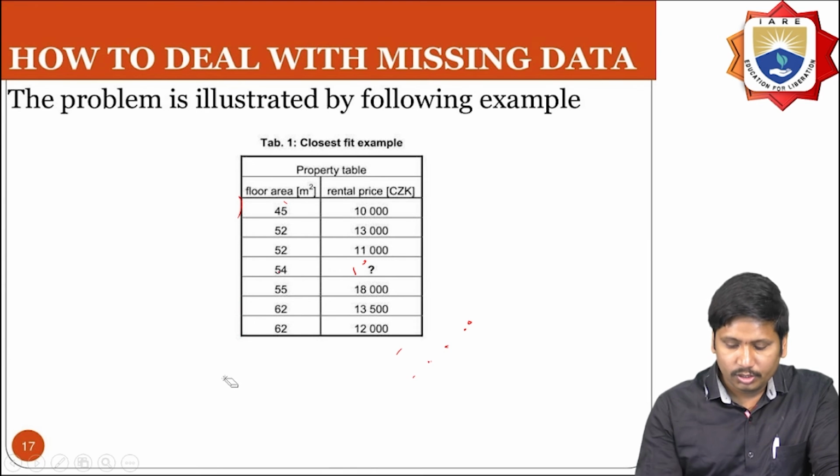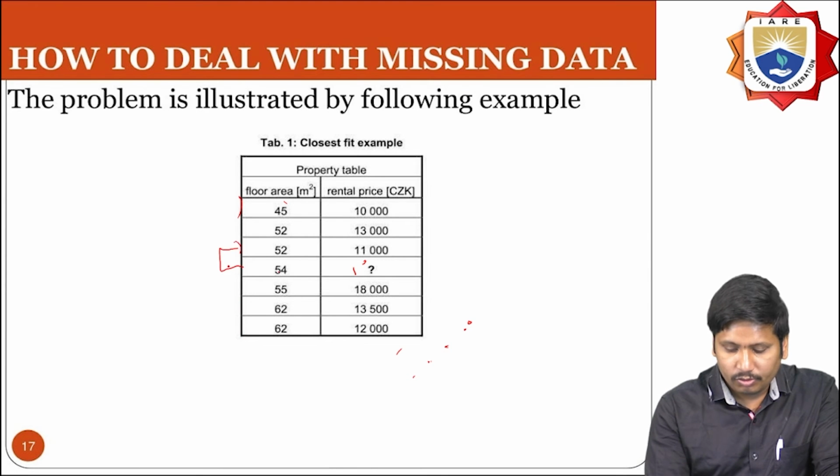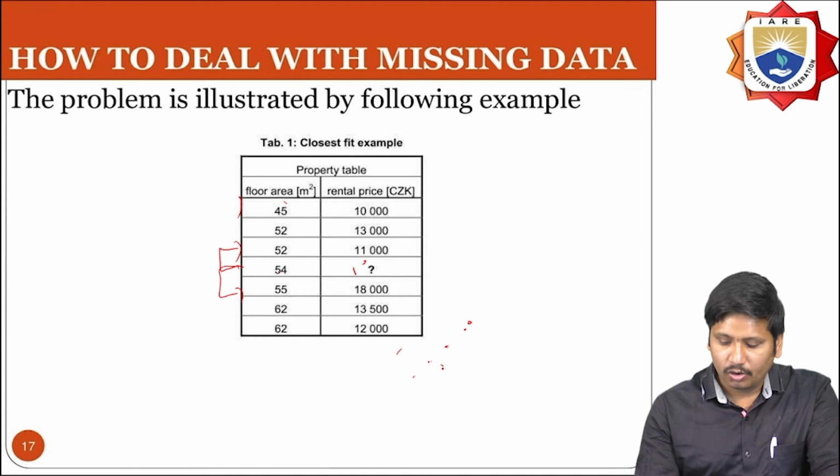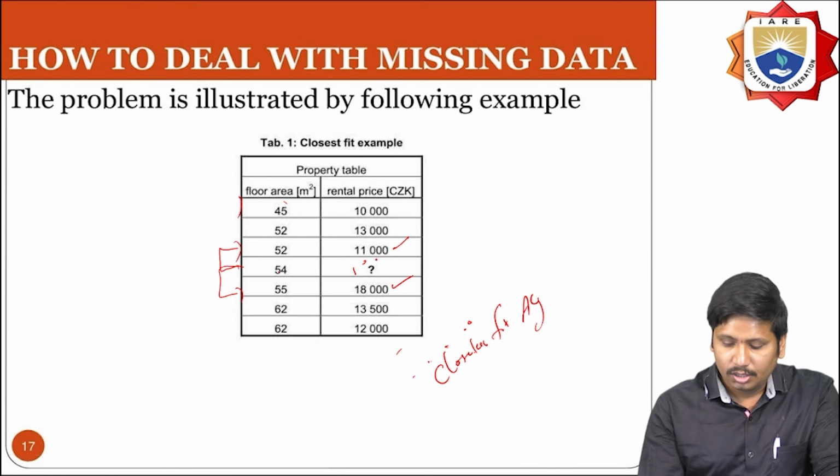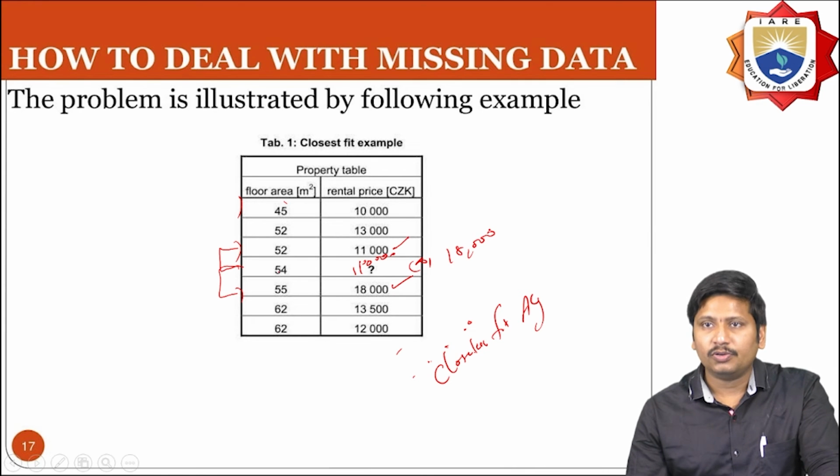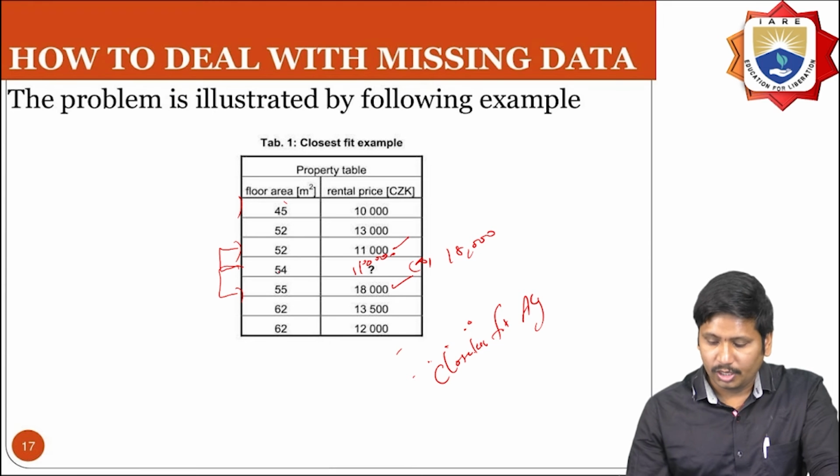According to the closest fit algorithm, 54 is going to be related to 52 and 54 is going to be related to 55. So with the closest fit, I can fill with 11,000 or I can fill with 18,000. Suppose filling with 11,000 is one option according to closest fit, or filling with 18,000 is another option we are having.